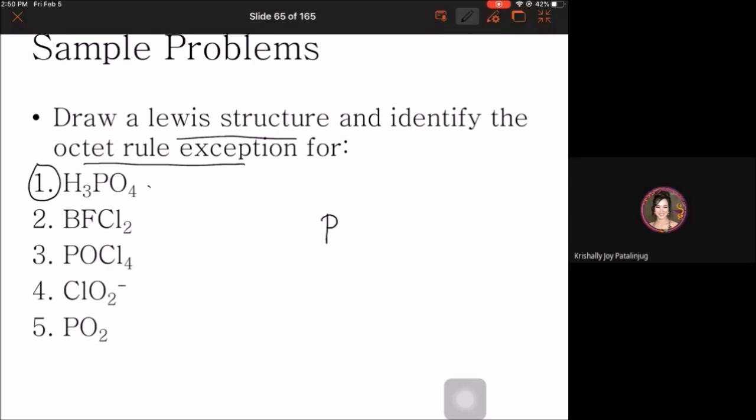Phosphorus has four surrounding oxygens, and then you also have surrounding hydrogens. So three oxygens are directly bonded to a hydrogen.